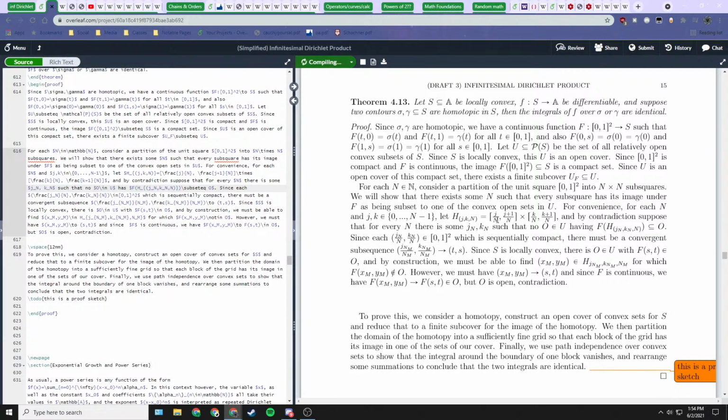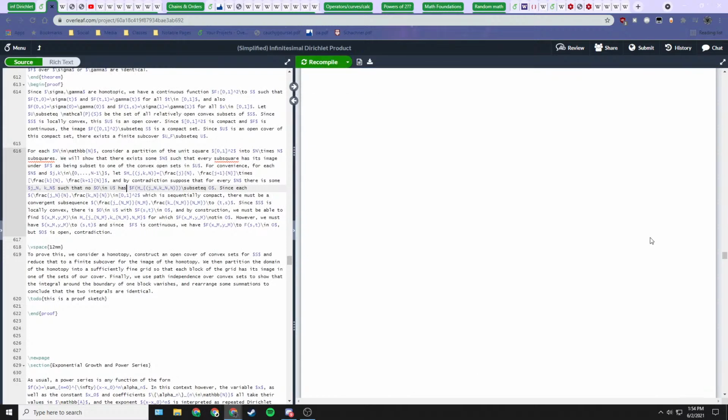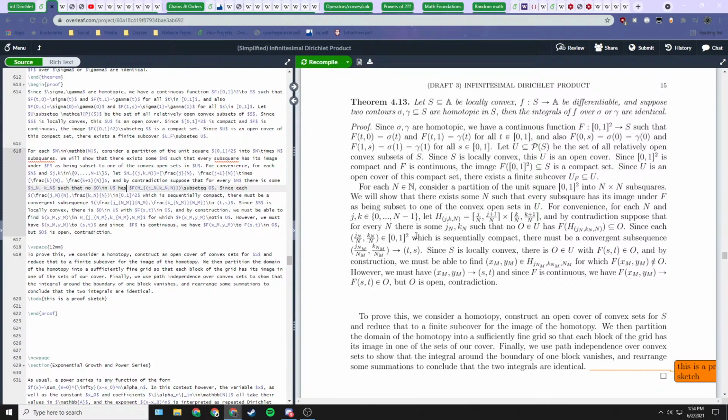So for every n there's a tile which cannot be put as a subset of this open set. Since each of these corner points are in [0,1], which is sequentially compact, we find a convergent subsequence. S is locally convex, so we find this O with f of (s,t) in O.